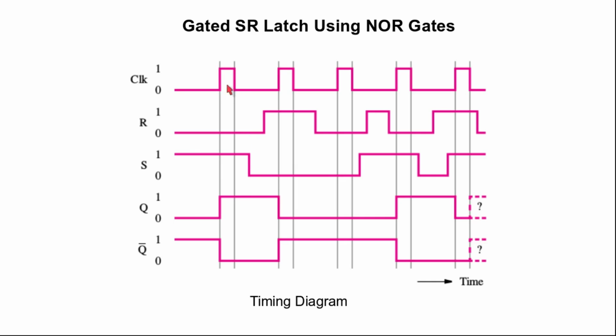So clock input is 1 during this time, the clock input is 1 during this time, the clock input is 1 during this time and this time and this time and so on. At the other time the clock input is 0. So when the clock input is 0, it doesn't matter what happens to the R and S signal, your Q and Q prime will not change.